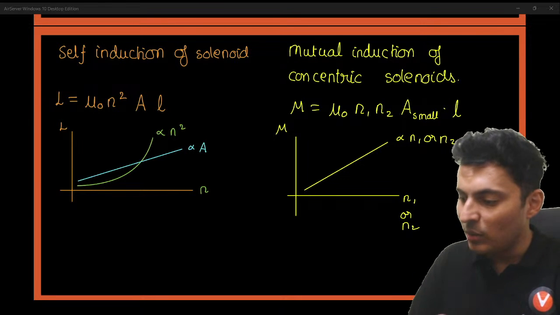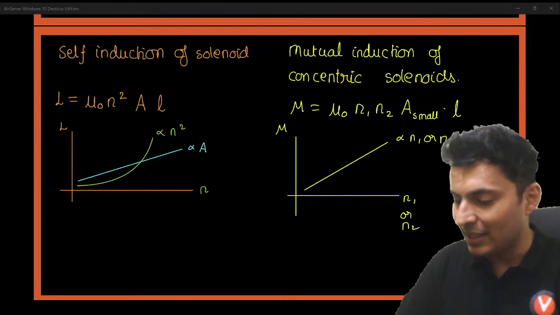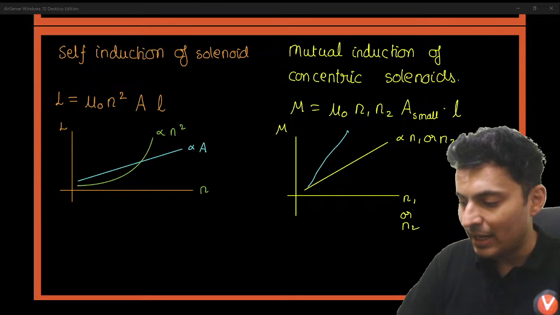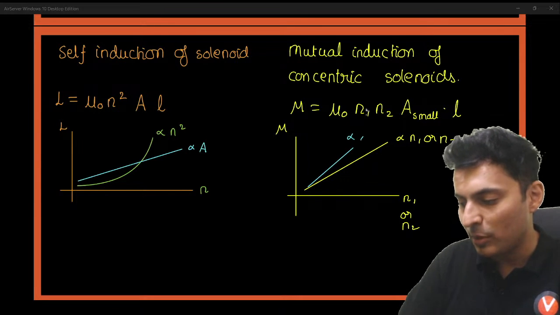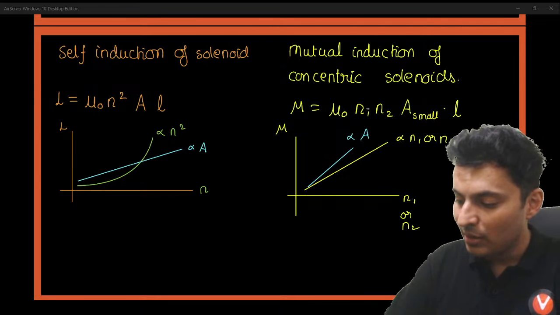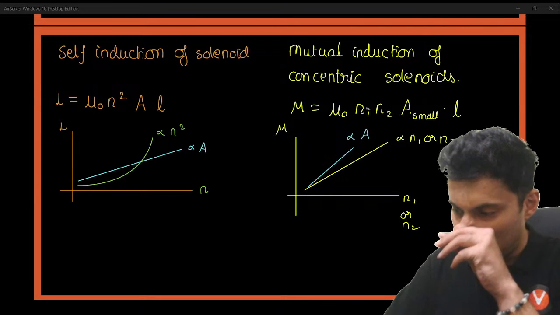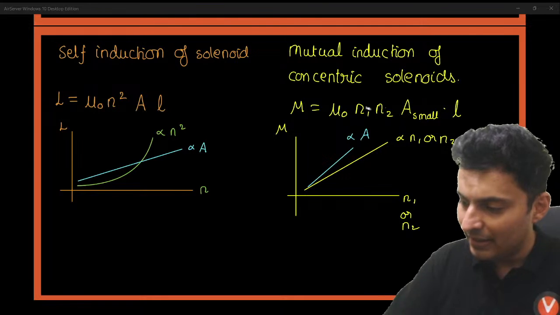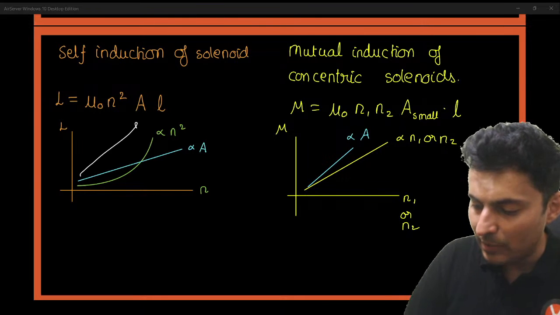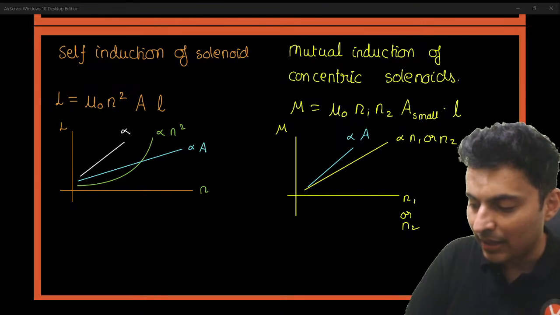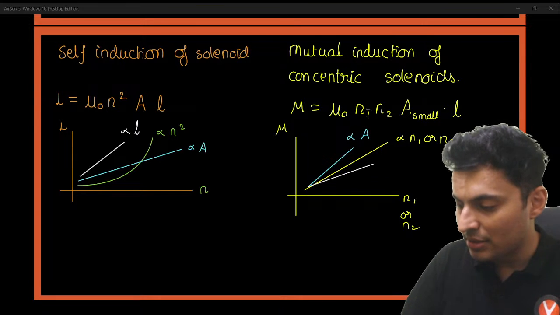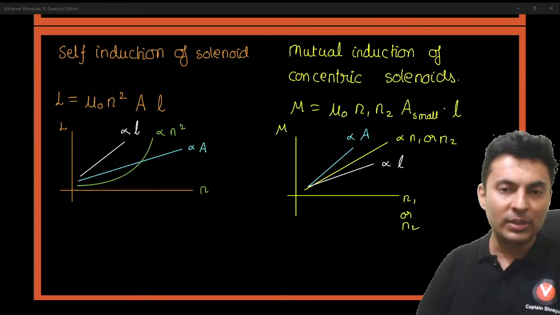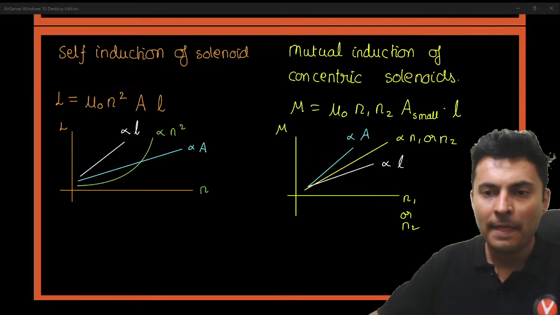If it is asked with regards to area, it is again directly proportional. If it is asked for length, what will you do? Well, for length, it is again directly proportional to the length. So straight line. That's all.